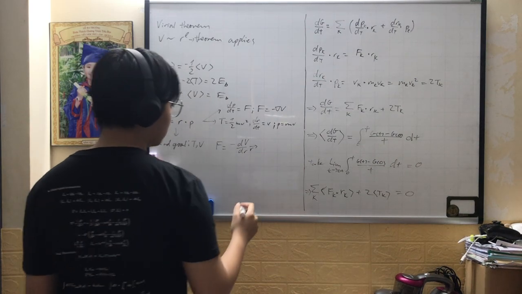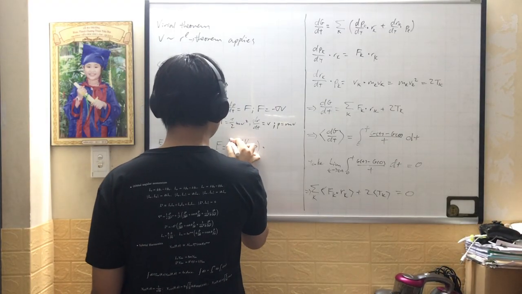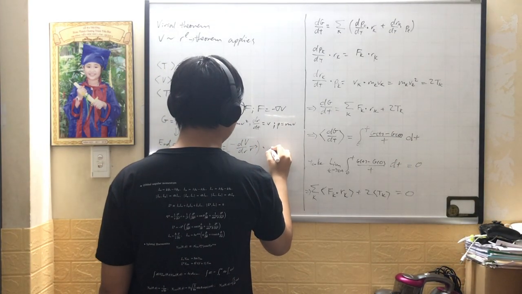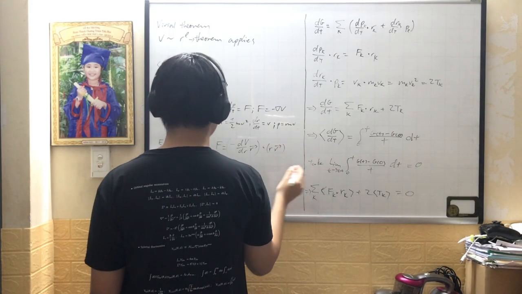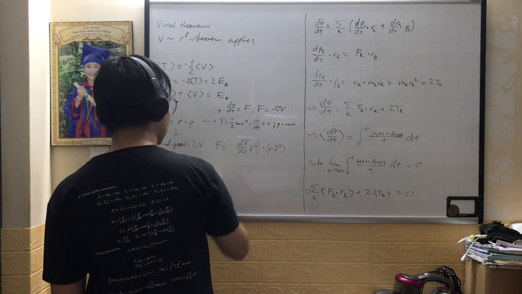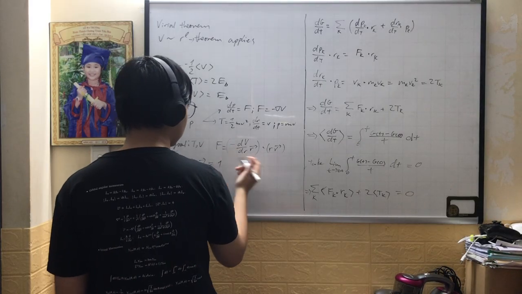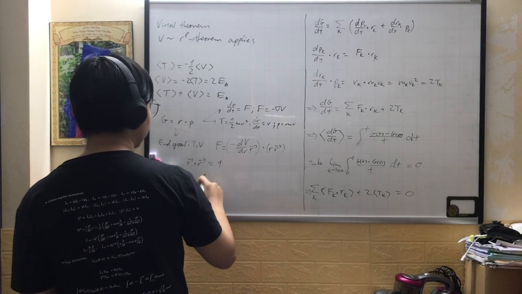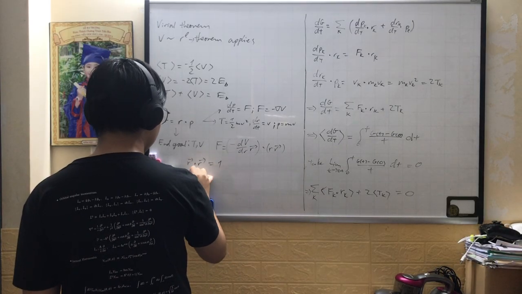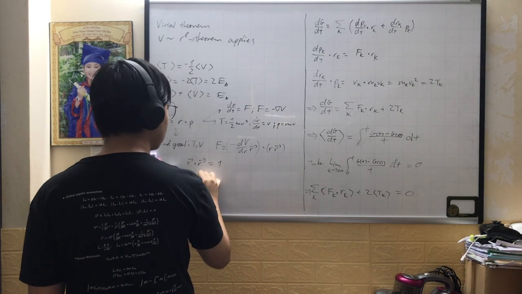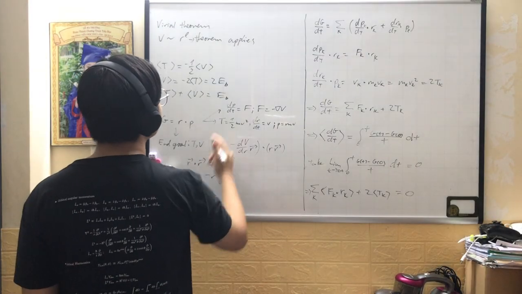This term times r can be split into r scalar and r unit vector, and the two unit vectors' dot product is going to equal 1, so that part is minus r dV/dr.